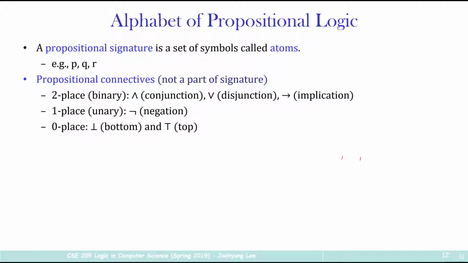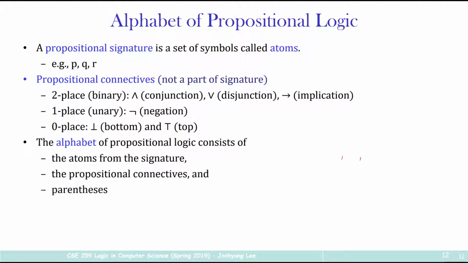Again, don't worry about the meaning of these things yet, because we are not talking about meaning now. We are talking about the syntax. It's just an alphabet. So the whole alphabet consists of these things. You can use any atoms from the given signature, the propositional connectives, and parentheses if needed. These are the symbols.